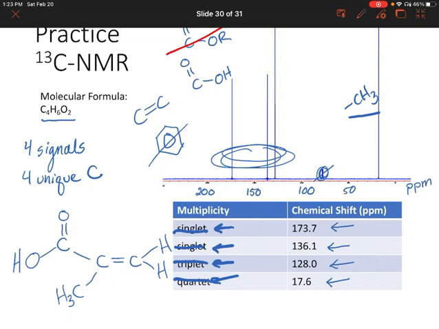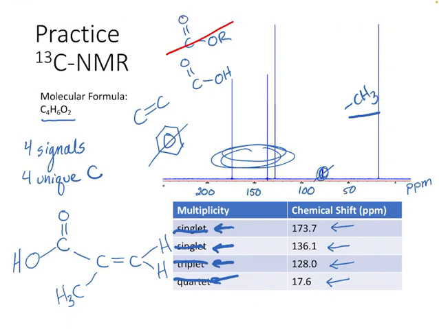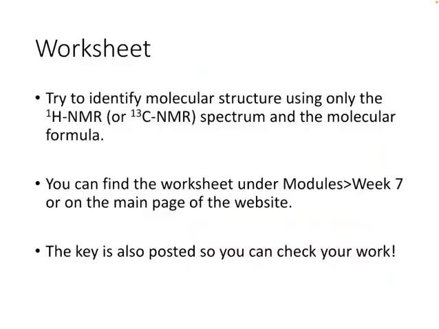Okay, so hopefully these practice problems helped. And I also have a worksheet posted under modules week 7 and on the main page of the website. In this worksheet, you're asked to try to identify the molecular structure of a compound using only the proton NMR or carbon-13 NMR spectrum and the molecular formula.